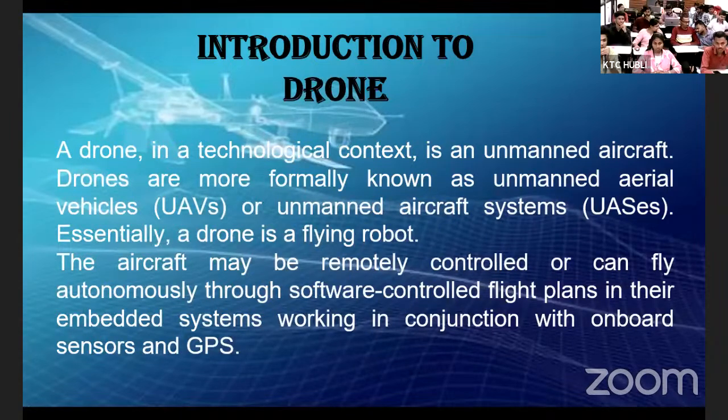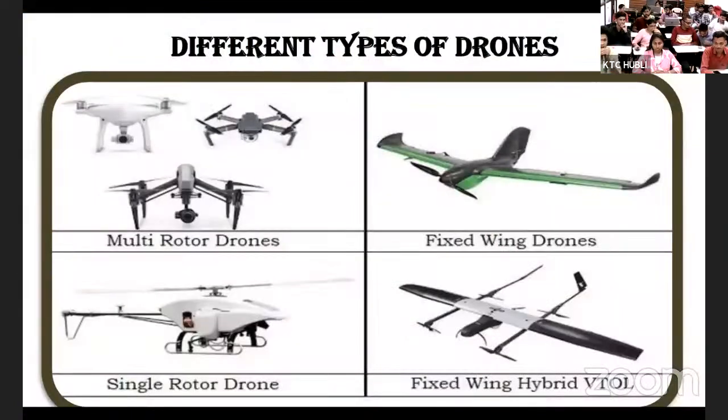There are four types of drones in India. The four types of drones are multi-rotor drones, fixed-wing drones, single-rotor drones, and fixed-wing hybrid VTOL. So I'm handing my mic to Kaivalya. Kaivalya. Hello.